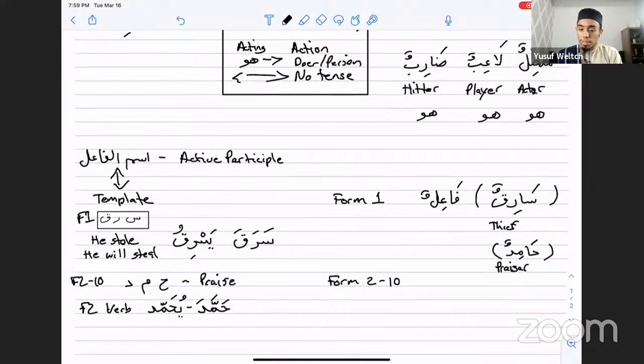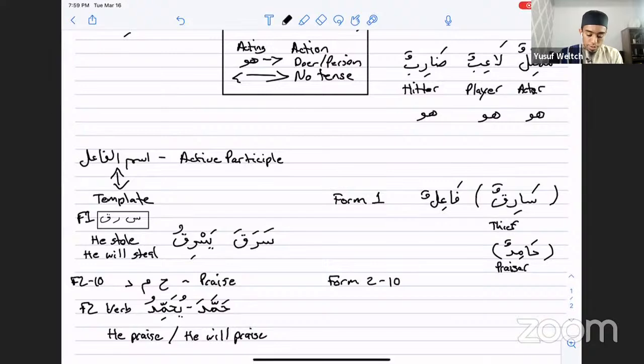So like allama, yu'allimu. So yuhammidu. Good, right? Because yuhammadu would be passive, hummida, yuhammadu. All right, so hammada, yuhammidu, he praises, or he will praise if it's the present tense.